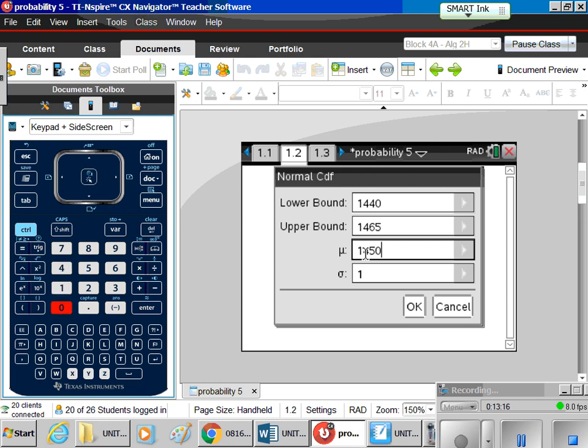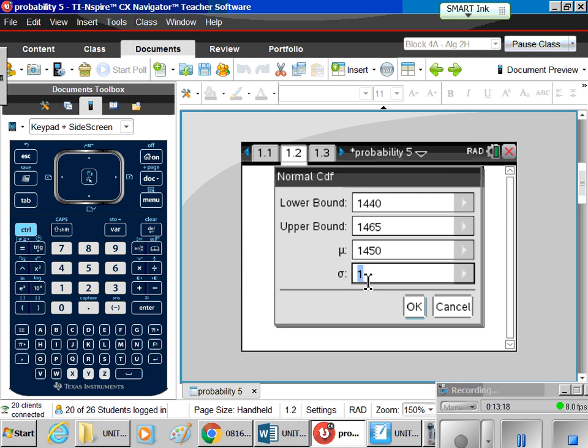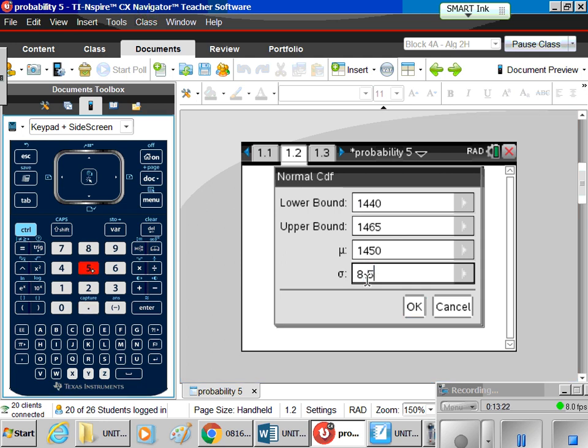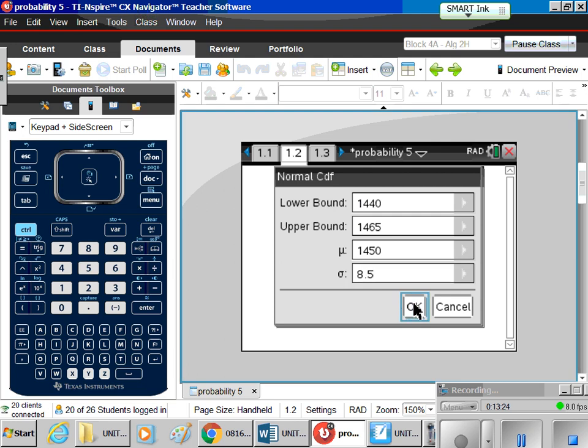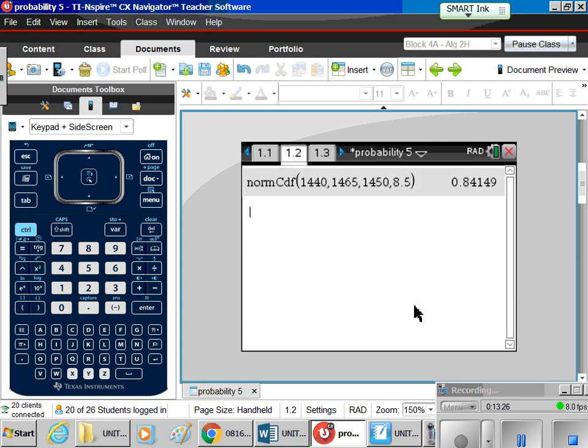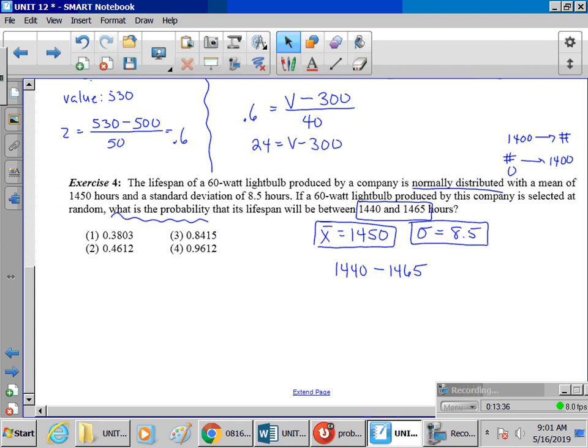And our standard deviation is going to be 8.5. So when I hit OK, it gives me my probability. Bam, so nice. So 0.84149. Then we just go back to our sheet, and we see that our proper answer is number 3.